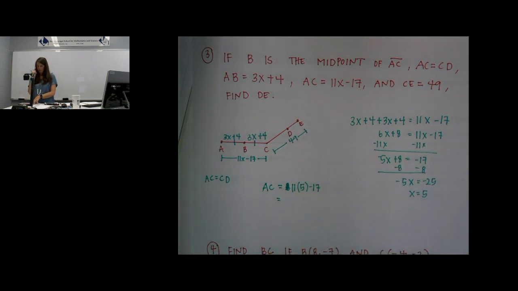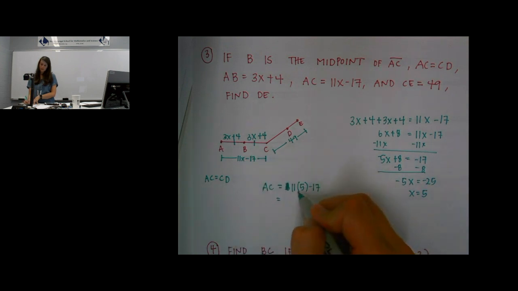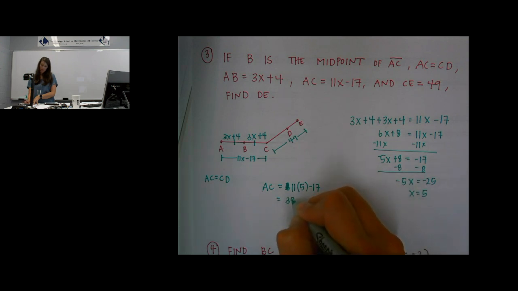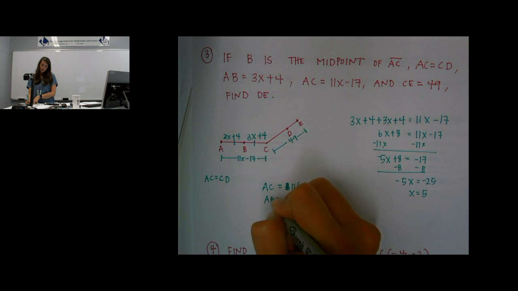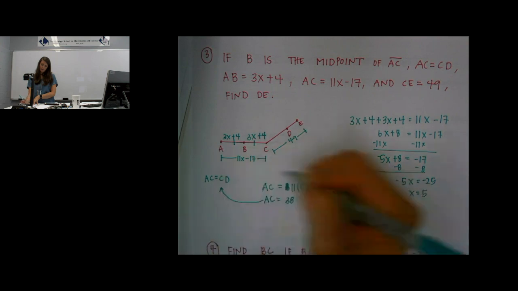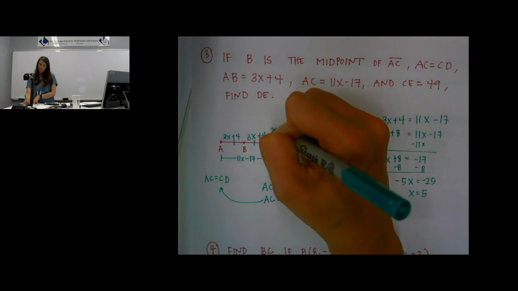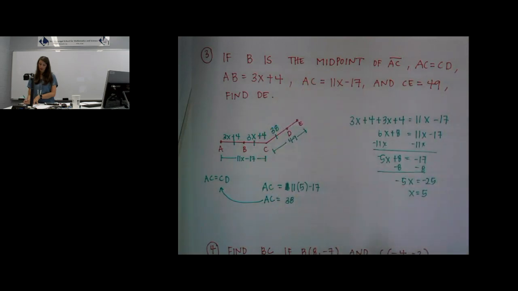Okay, so I'm plugging 5 in for my x here. So 5 times 11 is 55 minus a 17 is going to give me a 38. Okay, so AC is going to be equal to CD. Okay, so that means that this distance is also going to be 38.